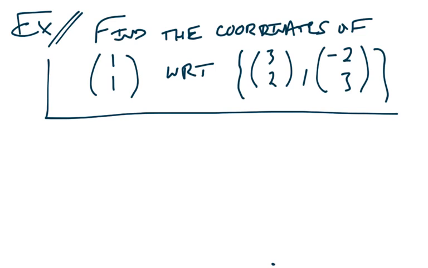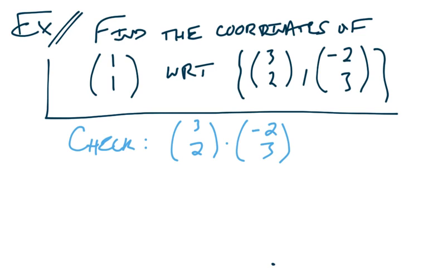Here we have a problem where we want to figure out the coordinates of the vector (1, 1) with respect to this basis (3, 2), (-2, 3). So the first thing I want to do is go ahead and check if these vectors are orthogonal. (3, 2) dotted with (-2, 3) gives -6 plus 6, which is 0.